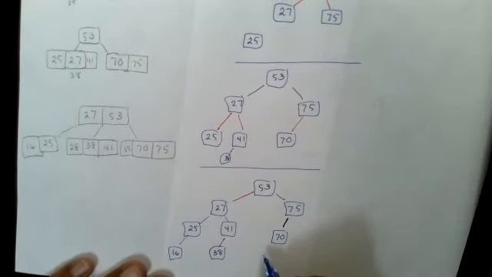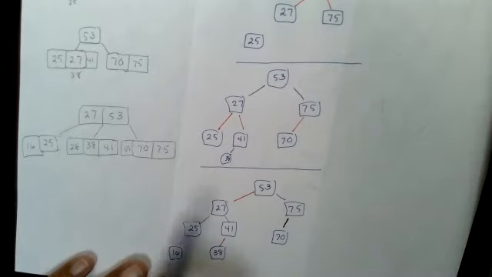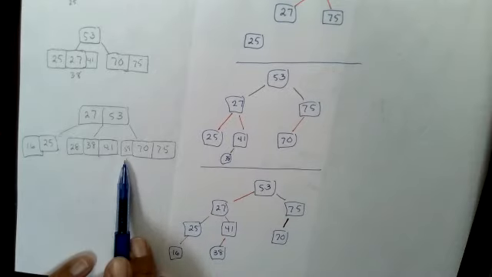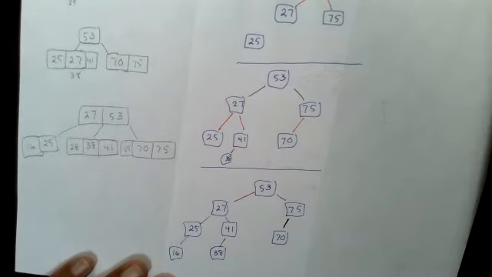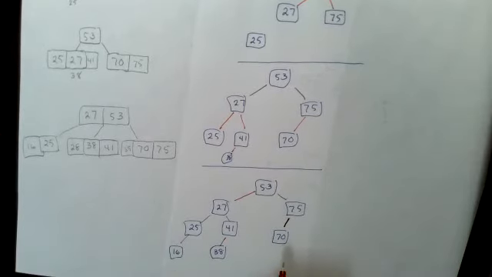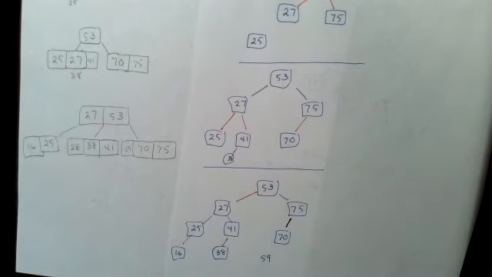And when I added 59, I had another sibling. When I add 59, it's going to go here. And what happens? It's a sibling. Yeah, you don't even want to know what happens now.